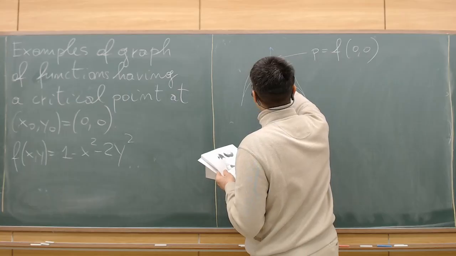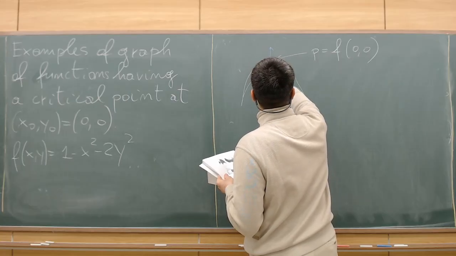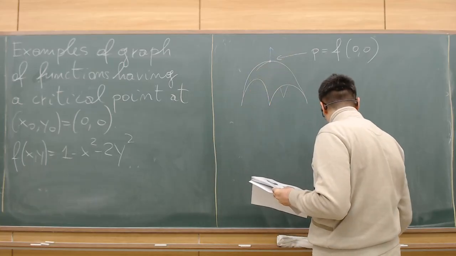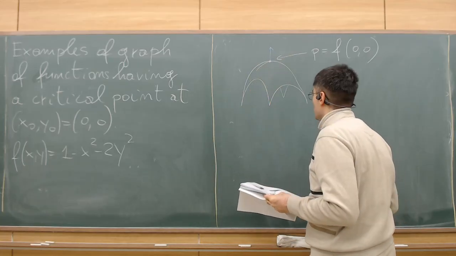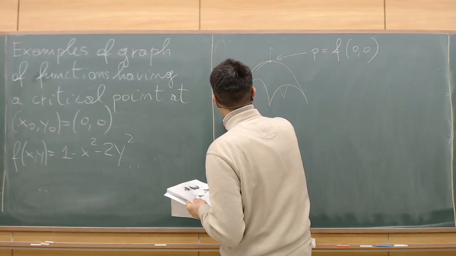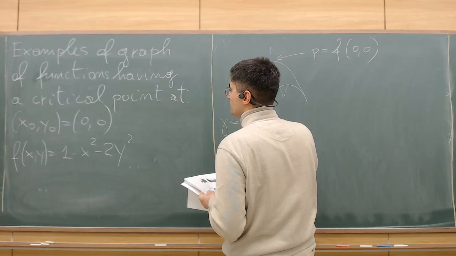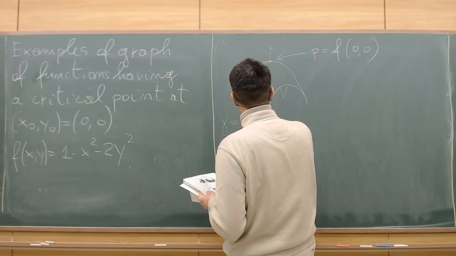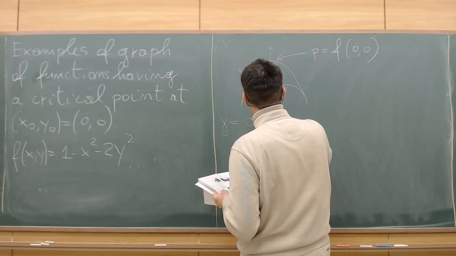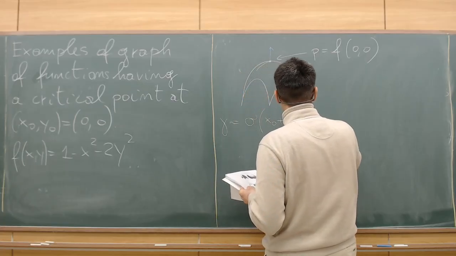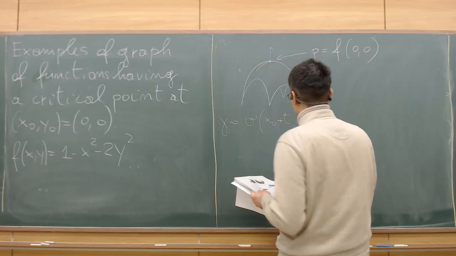For example, the yellow line is the curve gamma of t equal to sigma of x0 plus t, y0.